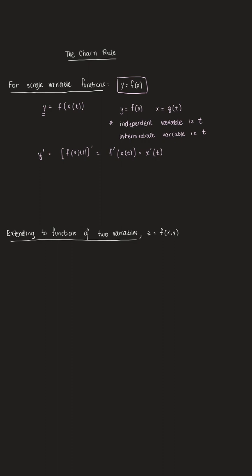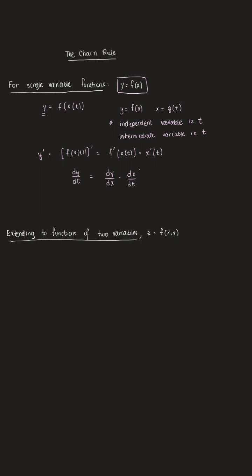Using Leibniz notation, we can also write this as dy dt, right? So this is what we're interested in finding, is the rate of change of y with respect to t. But first we have to find how y is changing with respect to x and multiply that with how x is changing with respect to t.